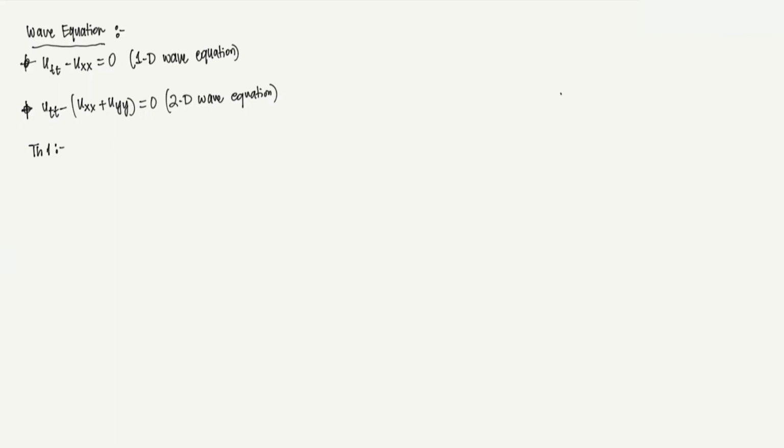The first thing we should know about the wave equation is that this equation in particular is a homogeneous equation. Why? Let's say L of u is there, where L is utt minus uxx. So let's say L of u equals 0. Then this equation is called the homogeneous wave equation.